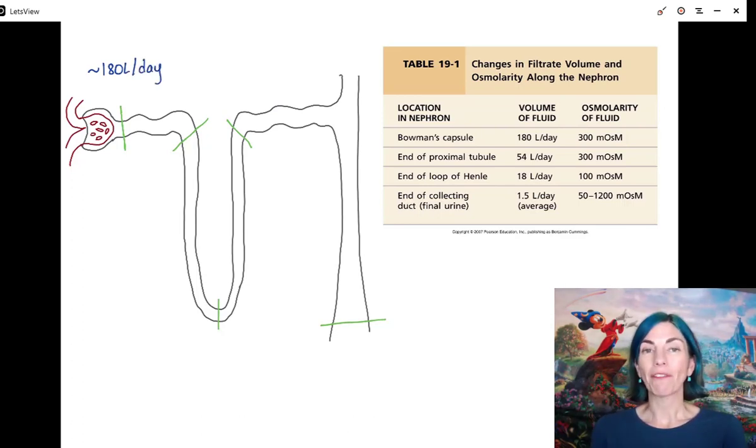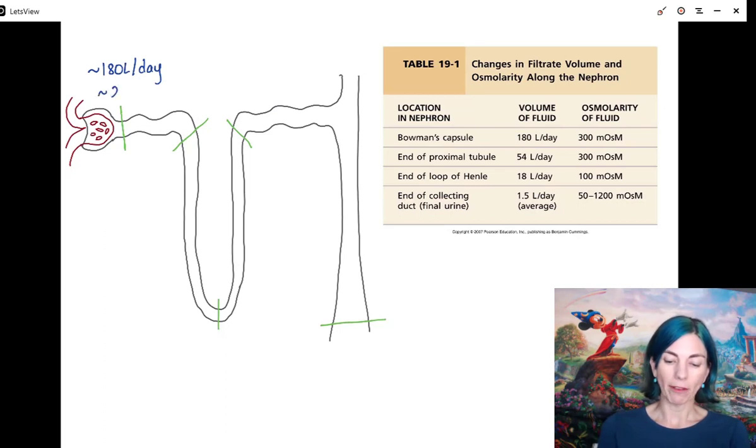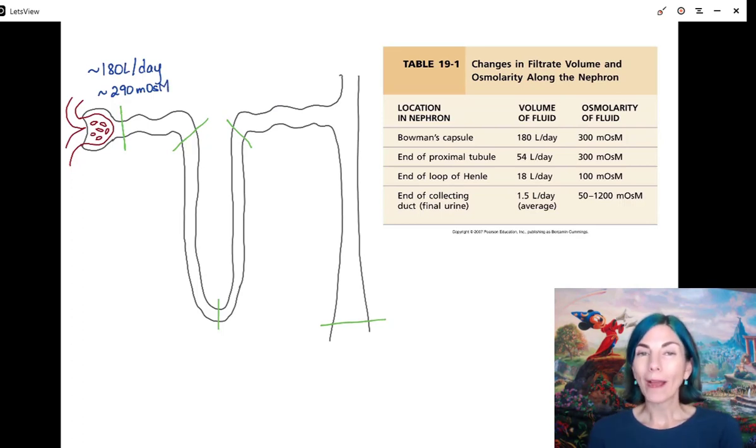And we just saw that the osmolarity of plasma and the osmolarity of filtrate at this point are about the same. So it would make sense that the osmolarity would also be about 290 milliosmoles. Now, quite a lot of reabsorption is going to occur in that proximal tubule, so that by the time we cross our next checkpoint, where the filtrate is leaving the proximal tubule and beginning its descent down the descending loop of Henle, a lot of the water has been reabsorbed.